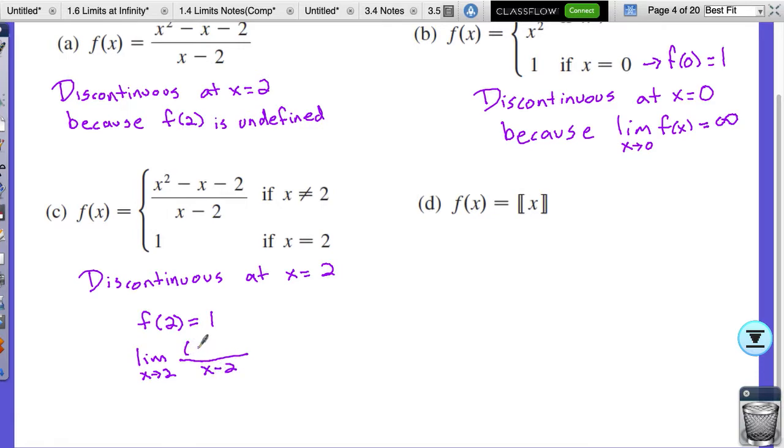I could factor the numerator into x minus 2, x plus 1, and so the x minus 2's would cancel out. That turns into the limit of x plus 1, and by direct substitution that's equal to 3, and they're not equal. So 1, which is your f of 2, is not the same thing as the limit of the function as x approaches 2, which is 3.